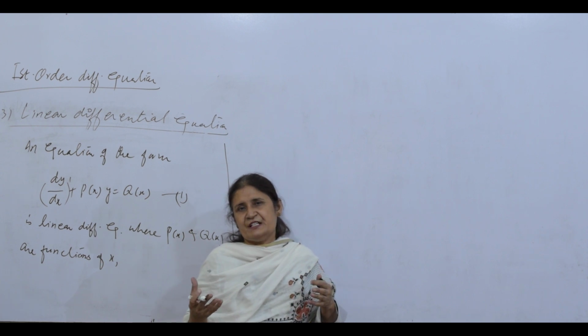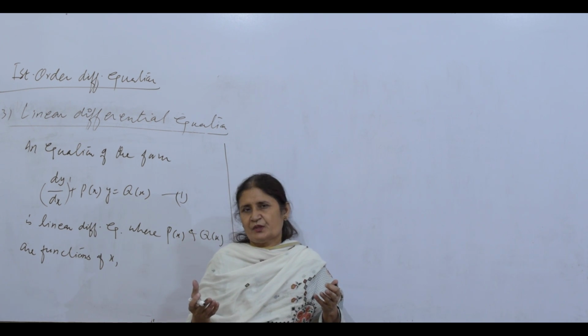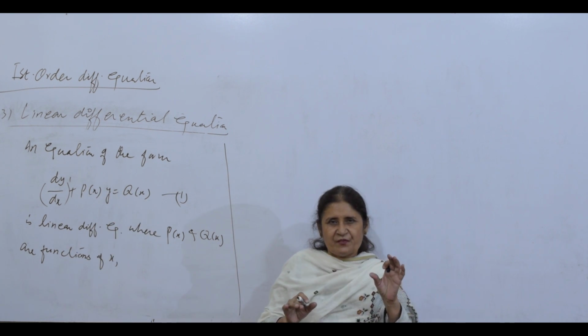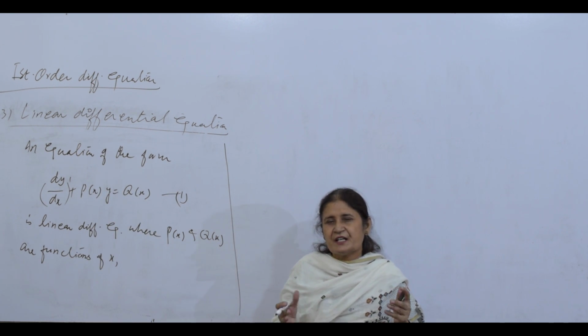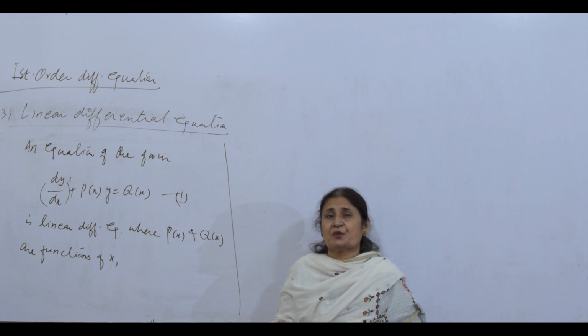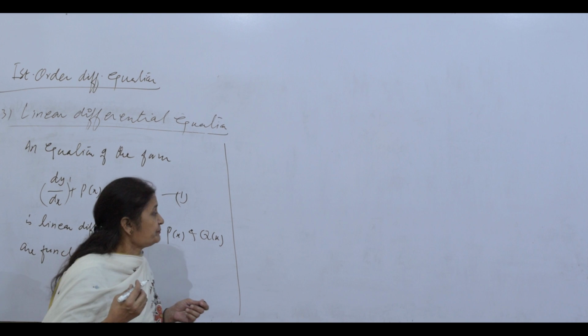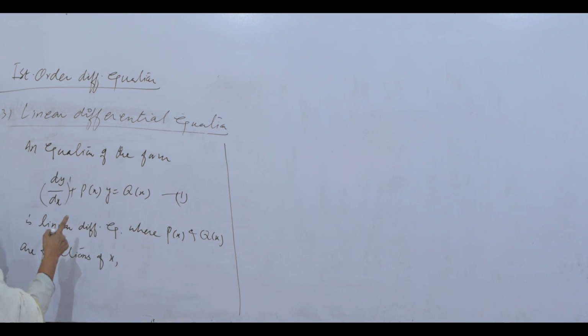If we can find a function with which we multiply equation 1 so that we can write the left hand side as the derivative of the product, it's the best idea, because two things are with us. So look at that, here y, here dy by dx. If we can write the left hand side as the derivative of the product, then integration will give you the solution.